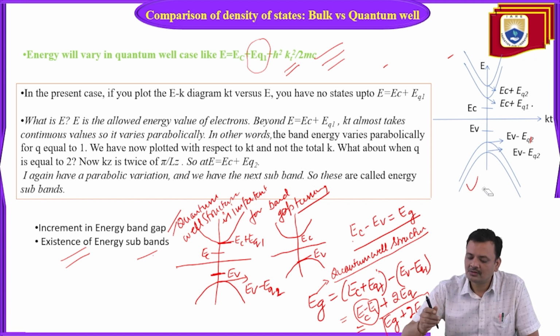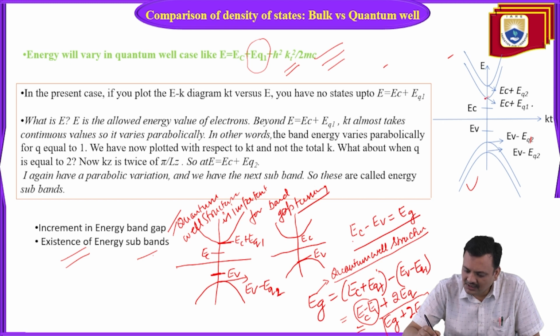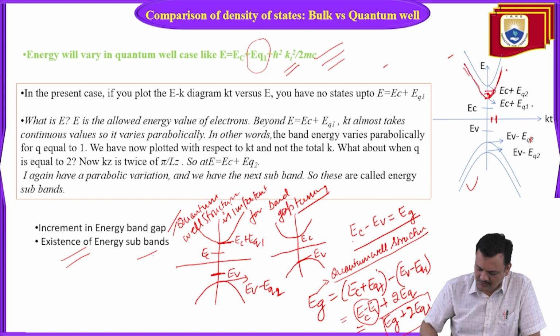Now, for the density of state for this first band, suppose from kT to kT plus dkT, what energy values exist?